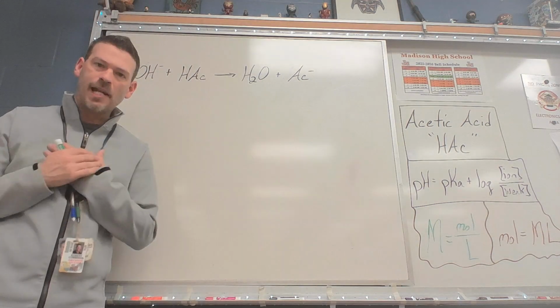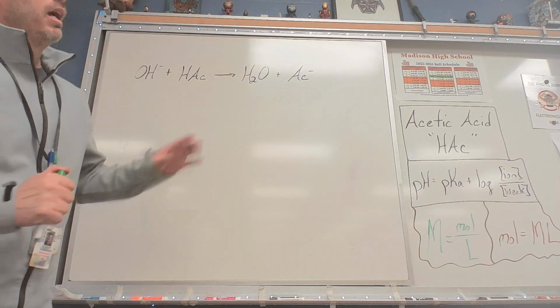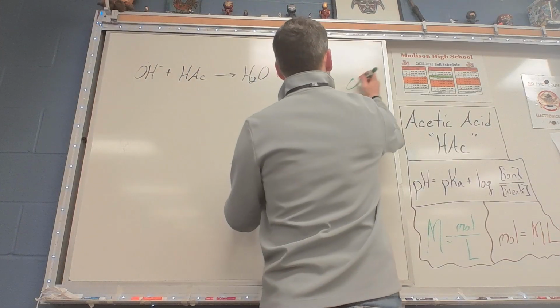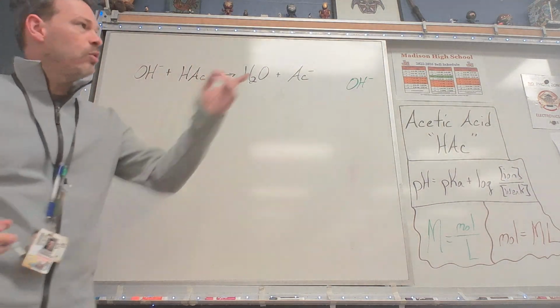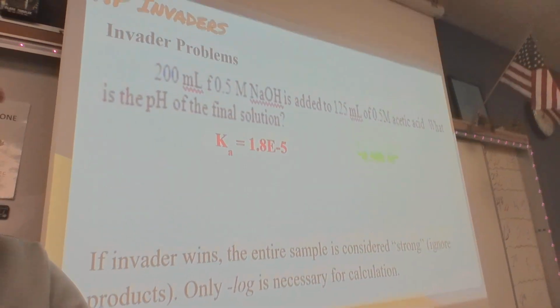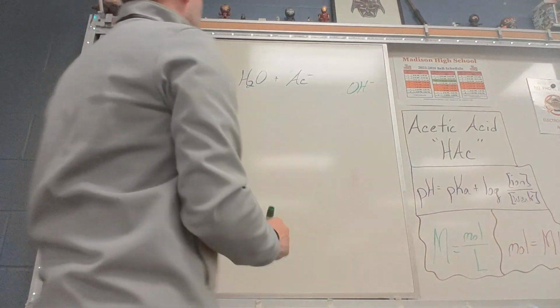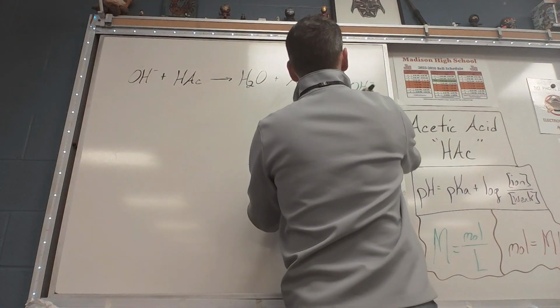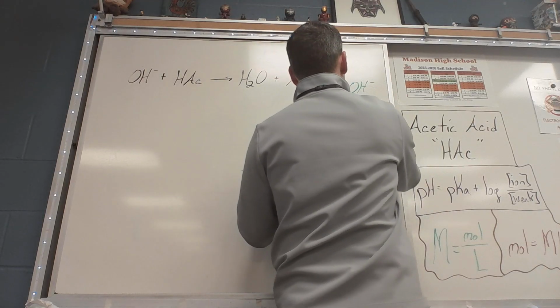Same thing, but we need to know who wins by finding moles. So, if we go to hydroxide and we look at the values, this new one is being given at 200 mils and 0.5 molar. All right, so we've got 0.2 liters then and 0.5 molar.